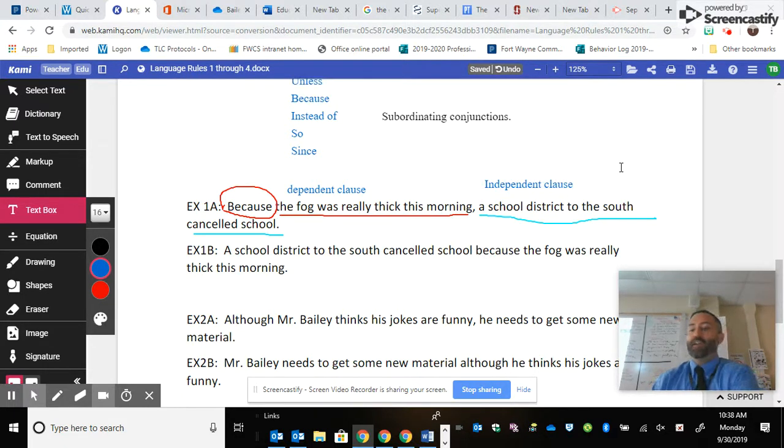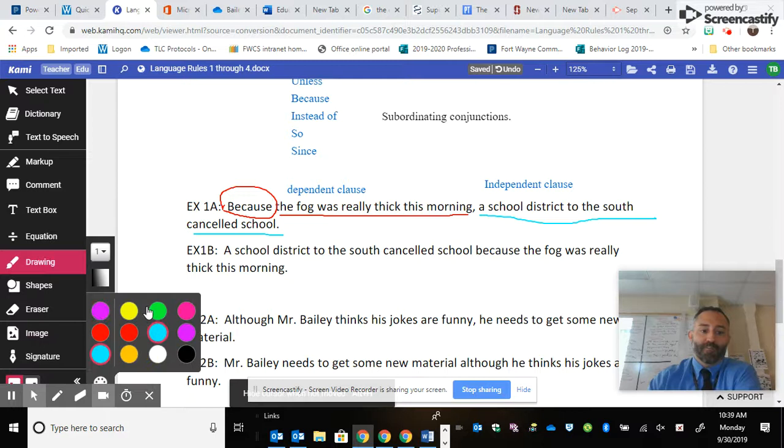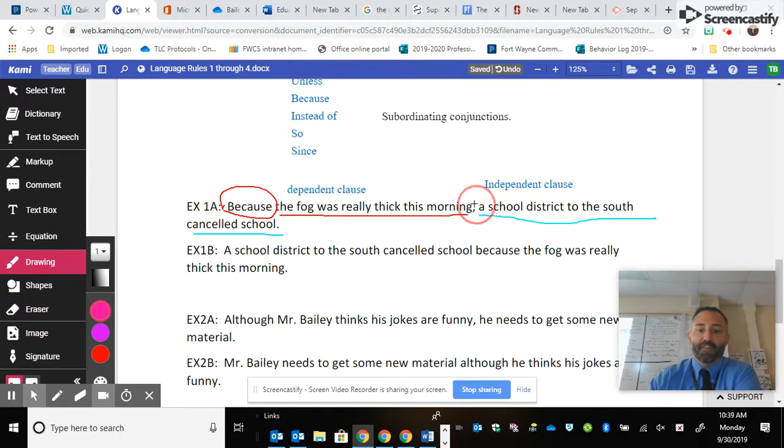It can stand on its own as a sentence. But what you probably notice is right smack dab in the middle of this sentence is a comma. That is because if you start a sentence with a dependent clause, you have to pause somewhere in the middle of that sentence. And then after that, you need to have an independent clause to go with it.